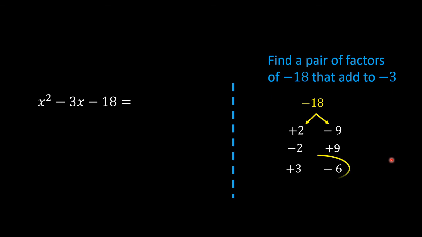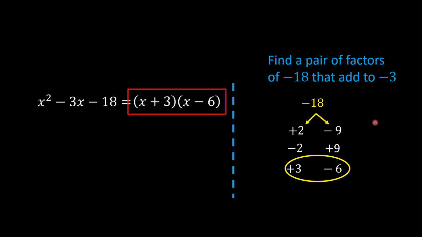So we choose positive 3 and negative 6. So the factors are x plus 3 and x minus 6. The answer, therefore, is the quantity x plus 3 times the quantity x minus 6.